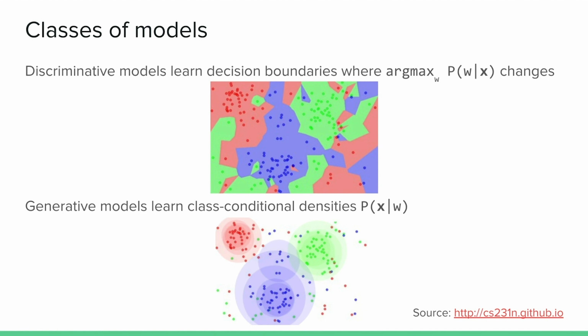Like in this example here, it can be red, blue, or green, and at a certain point we say, okay, now it's more likely to be of the blue category than of the green category. A different class of models is a generative model, where we typically learn class conditional densities, where we learn the underlying distribution directly. This is most often the case when we work with unsupervised learning.